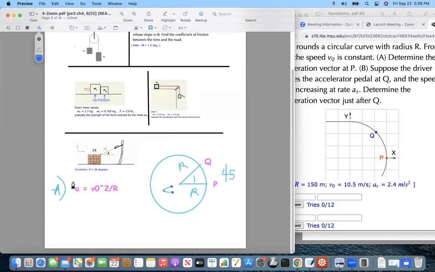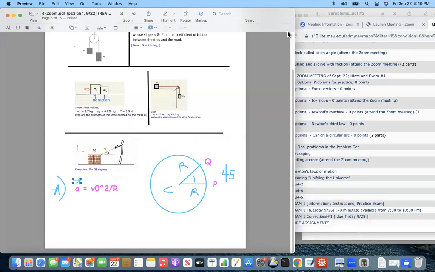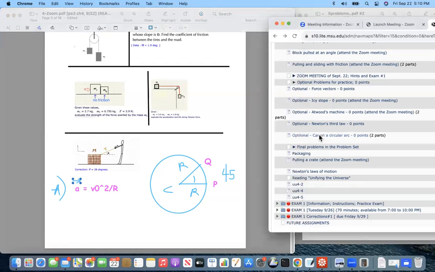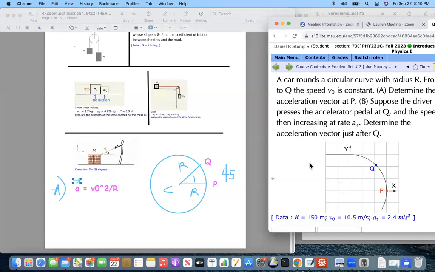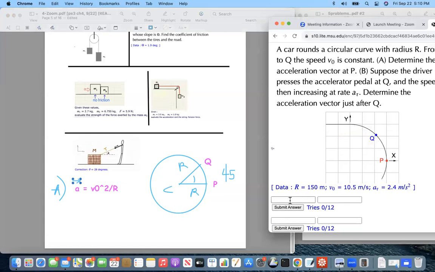If I want to write the vector, it looks like I have to write two components.